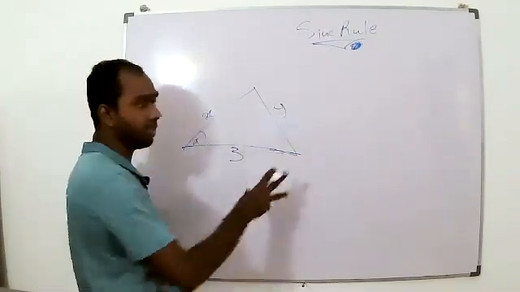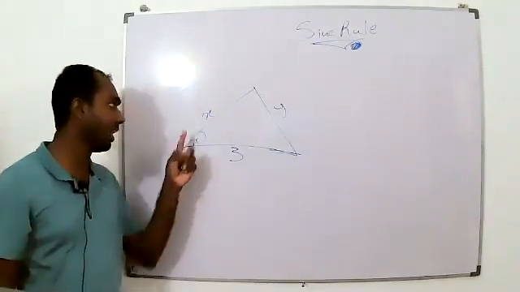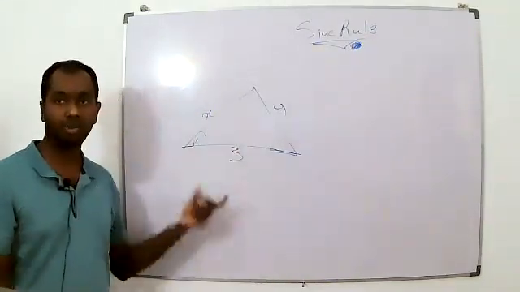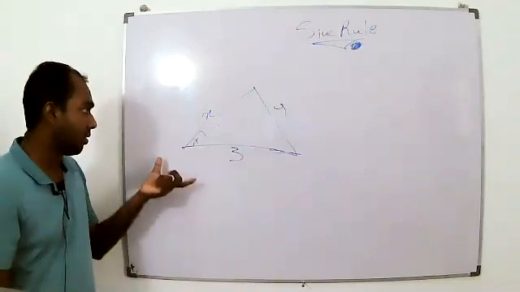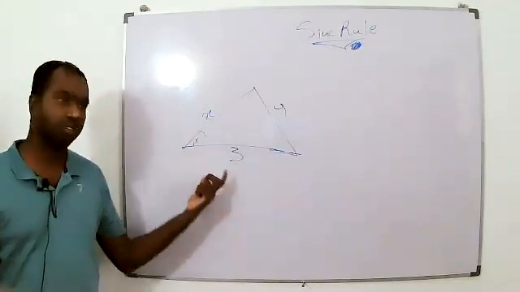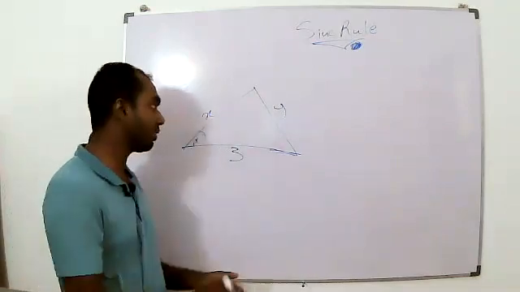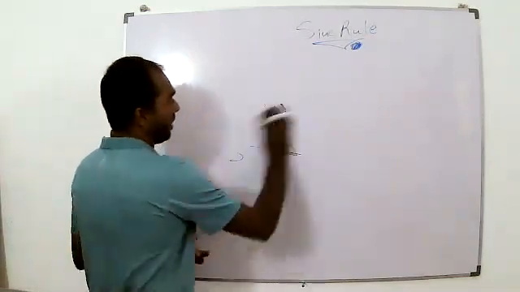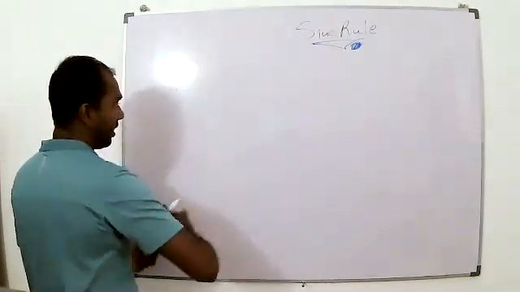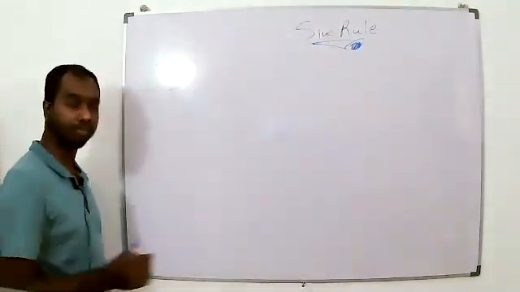One angle and three lengths. That's what you have to keep in mind. So if you encounter a question where you have to deal with three sides and one angle, then you can use the cosine rule. But when we talk about the sine rule, let's try to prove the sine rule.